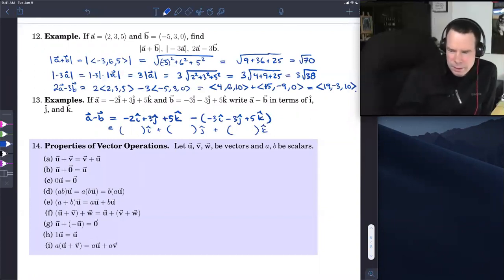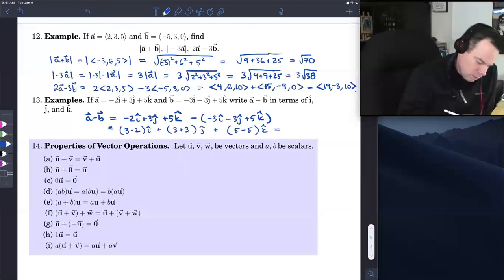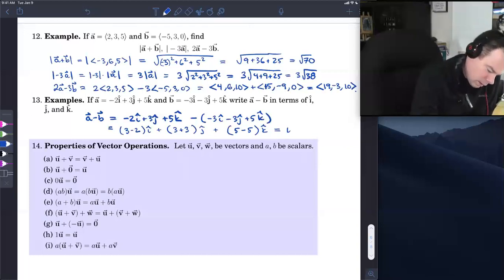So for the i hat, there's a negative 2 and then a minus 3. So that's a 3 minus 2. And in front of the j, there's a 3 plus 3. And in front of the k, there's a 5 minus a 5. So this gives us 1 i hat plus 6j hat plus 0k hat.